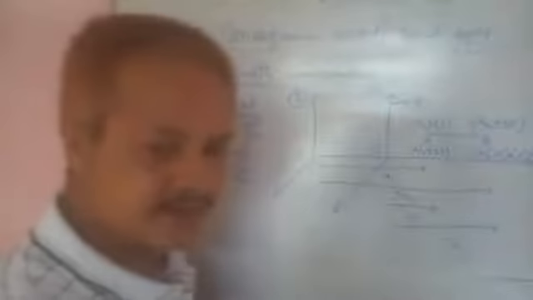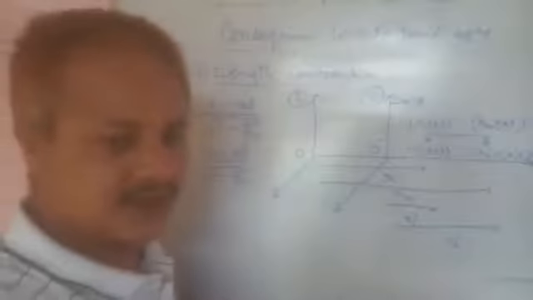And x2 dash is equal to (x2 minus vt) under root 1 minus v square by c square. Is the picture clear? So these two are the equations.